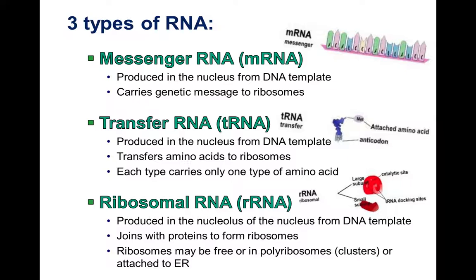And it is messenger RNA that tells us what amino acids we need to put in a chain, and then transfer RNA that reads this information from the mRNA and then brings the correct amino acids to the ribosome where they are joined together. So really, although these are all different kinds of RNA, they all work together.